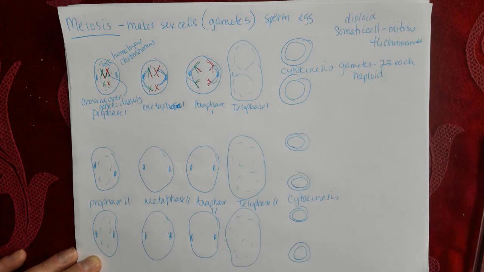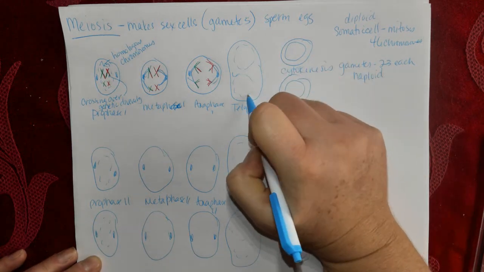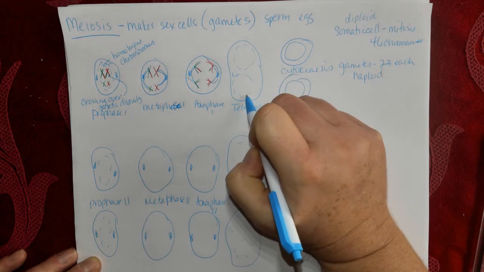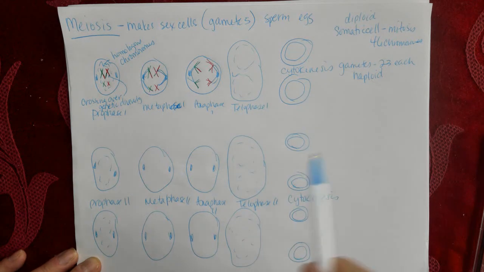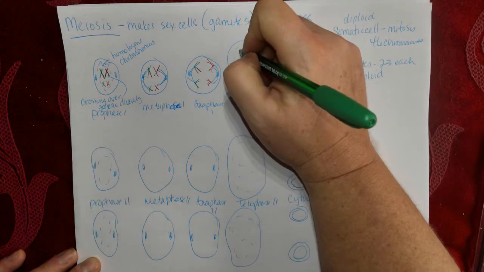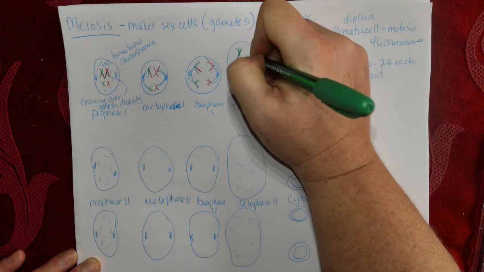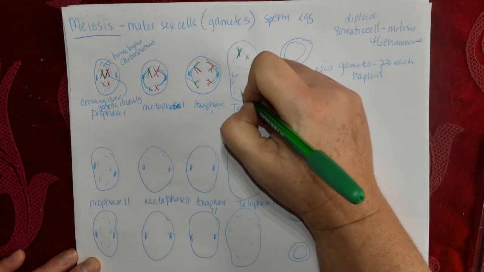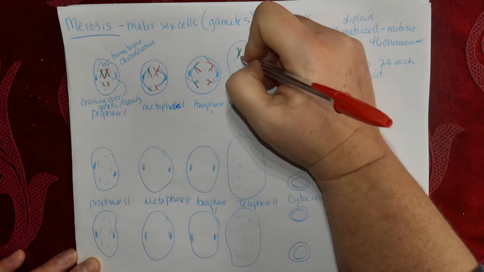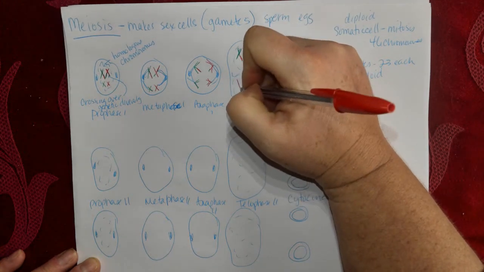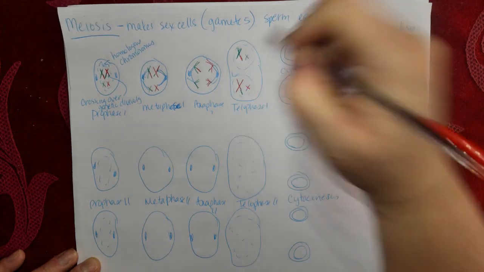Now in telophase, we have our nucleus starting to reappear. We have our chromosomes in their individual, or starting to be individual, cells.